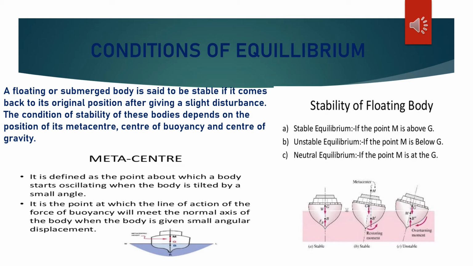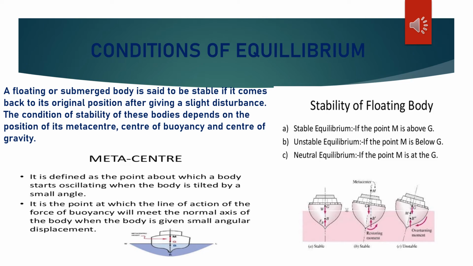Now, what is metacenter? Metacenter is defined as a point about which a body starts oscillating when the body is tilted by a small angle. That particular center is called metacenter. It is the point at which the line of action of the force of buoyancy will meet the normal axis of the body when the body is given a small angular displacement.